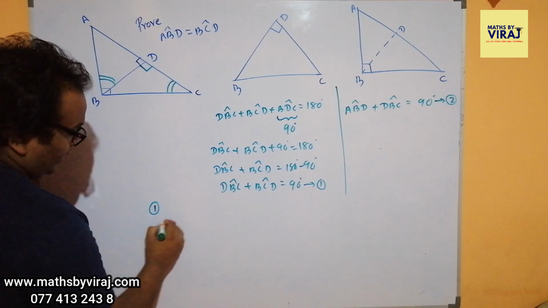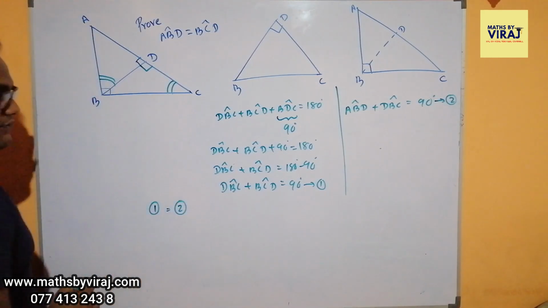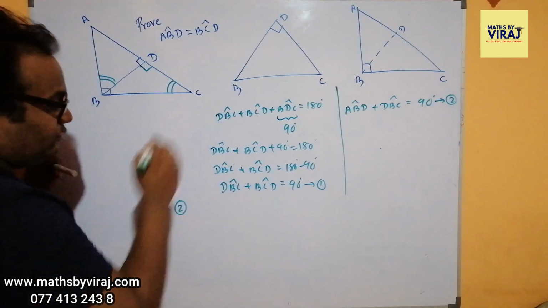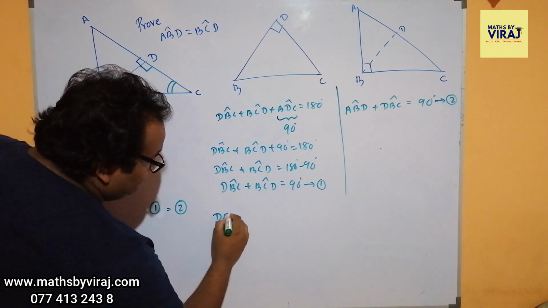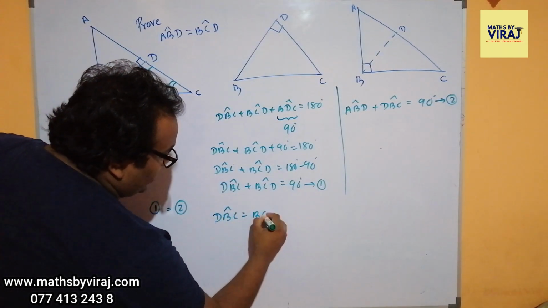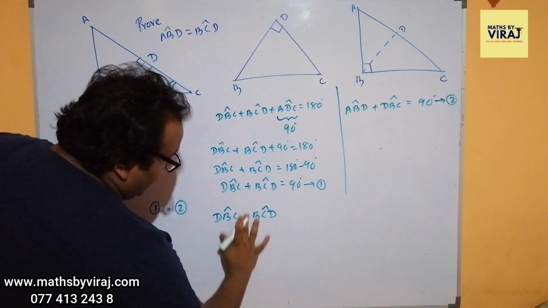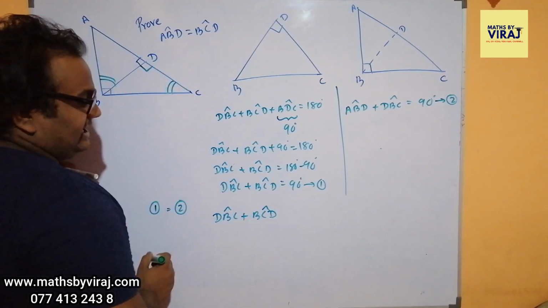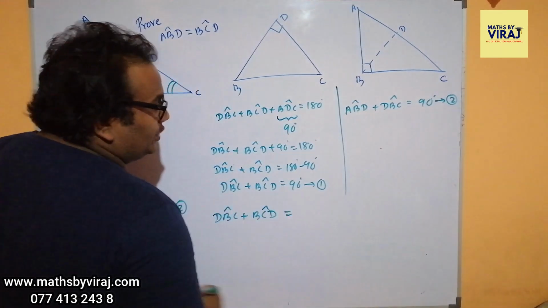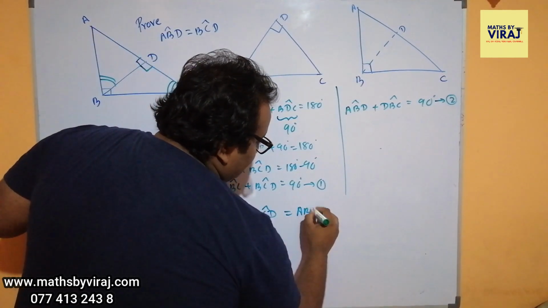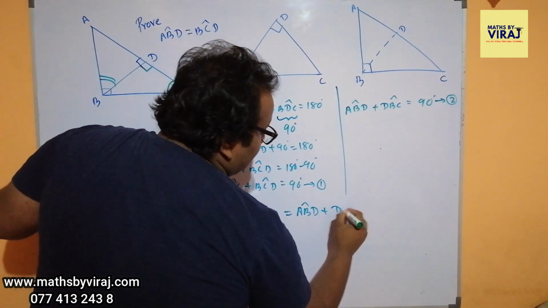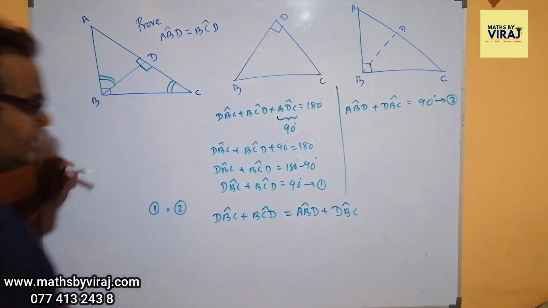So if I equate equation numbers 1 and 2, it would look like angle DBC plus angle BCD is equal to angle ABD plus DBC. Right.